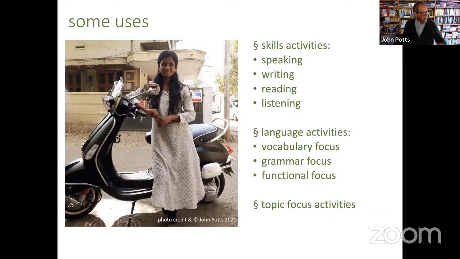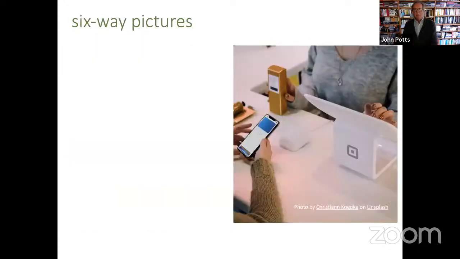Now here's something that I developed some years ago now, and it's called Six-Way Pictures, which might be a bit puzzling at first. Six-Way Pictures, what do I mean by that? You'll notice, by the way, in the image that I didn't take this. It was taken by someone called Christian Kupke on Unsplash.